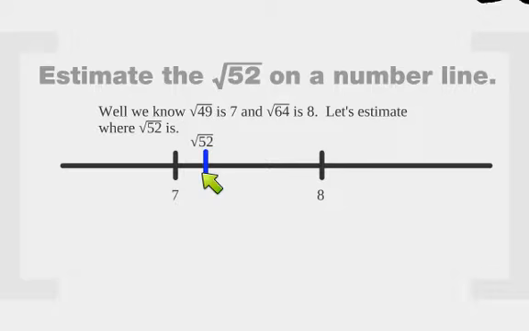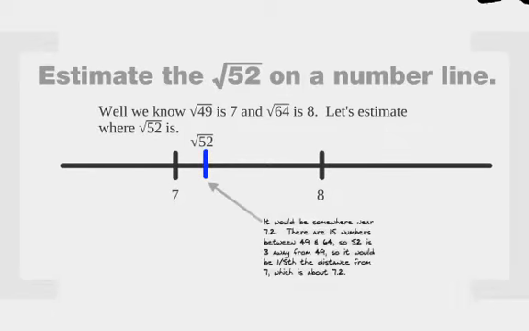Remember, it's going to be closer to 7, because 7 is the square root of 49 as opposed to 8, which is the square root of 64. Okay, so it's kind of like estimating decimals there. It would probably be somewhere near 7.2. And how could we check our work? Well, yeah, bam, we could pull out a calculator. But if you think about it, how do you go from 49 to 52? Well, that's a difference of 3.